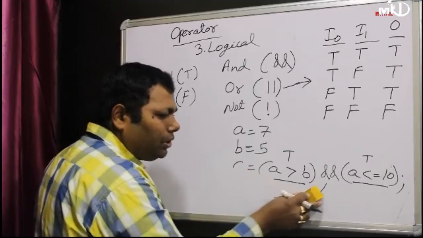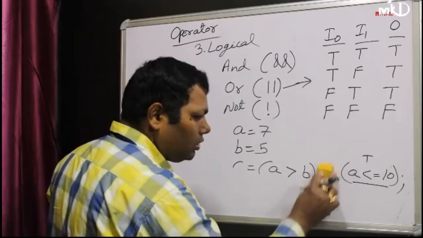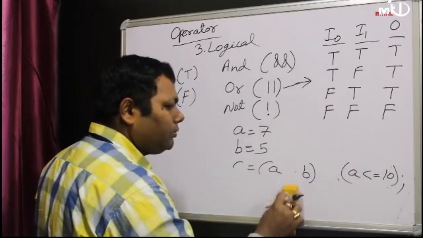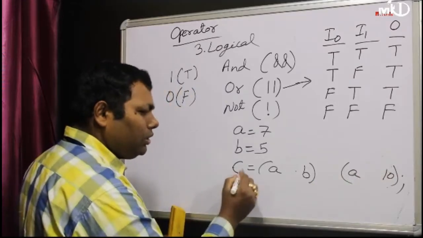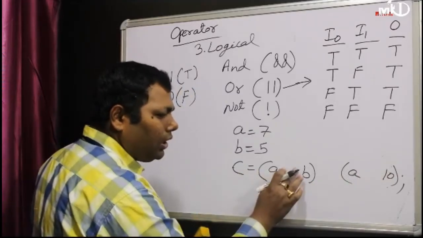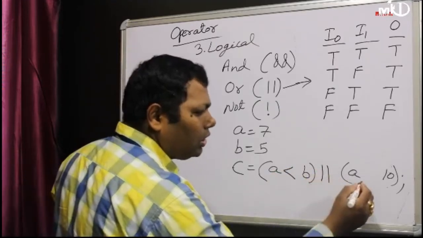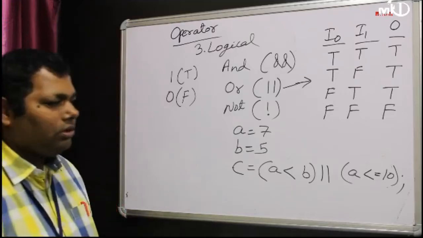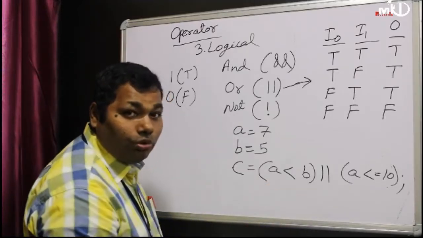Let us take the example. Okay, I take the same example. Let A less than B or A less than or equal to 10. A less than B, is it true?